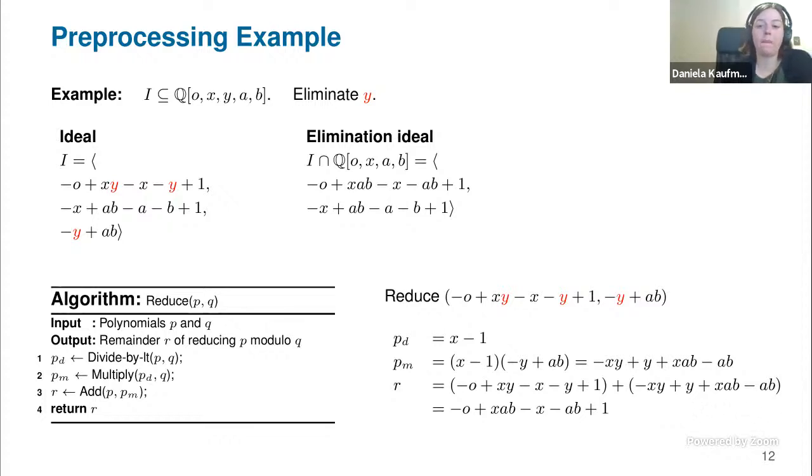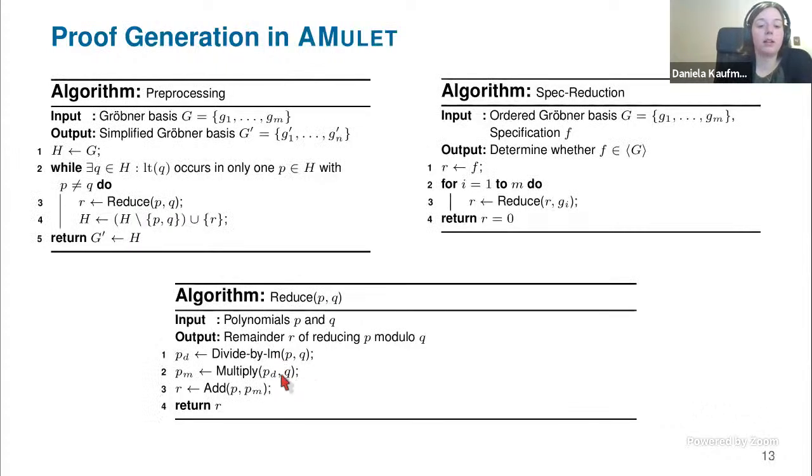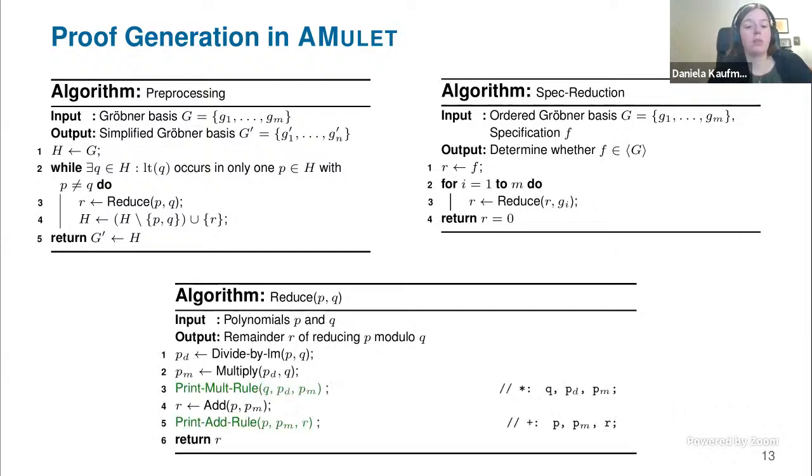So that's where we want to write down now the proof steps. And here are the only polynomial operations that are done with our given set of Gröbner bases. So since we have a multiplication and an addition operation, we print here a multiply rule and an addition rule.